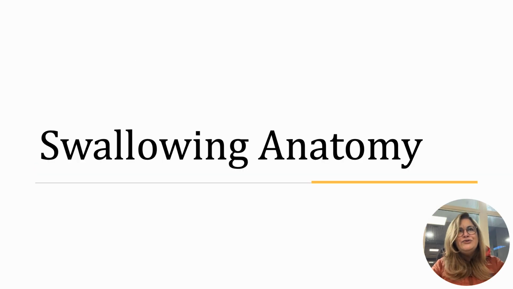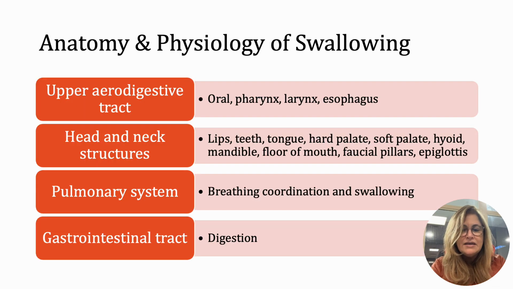Let's talk a little bit about what we all need to keep in mind that is really important, the swallowing anatomy. When we think about the swallowing anatomy, we can divide it into 4 big areas, and within those big areas we have the structures, the systems, and physiology that make that bolus get safely to the final area.